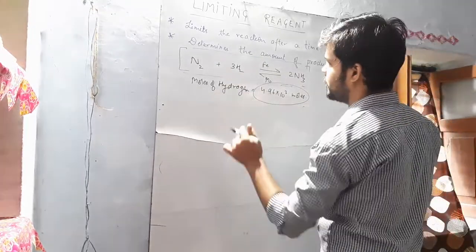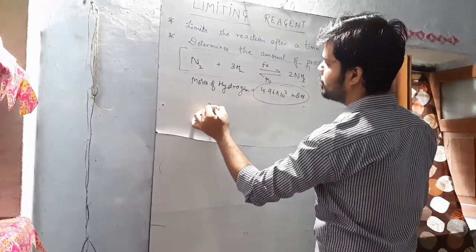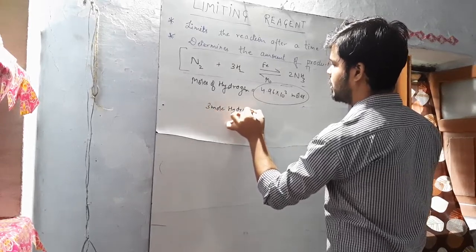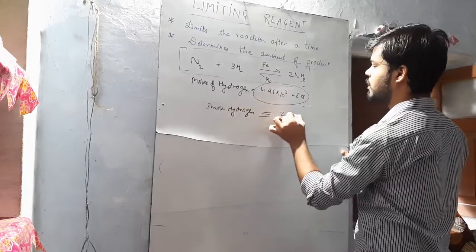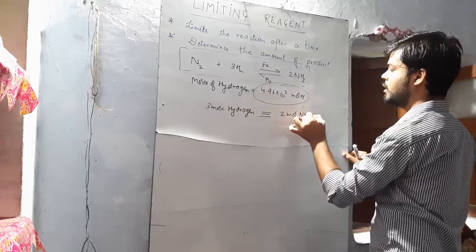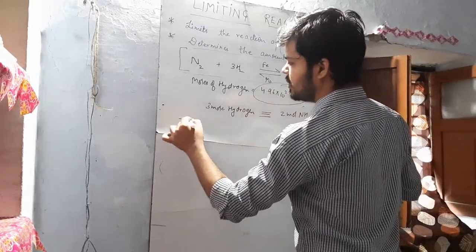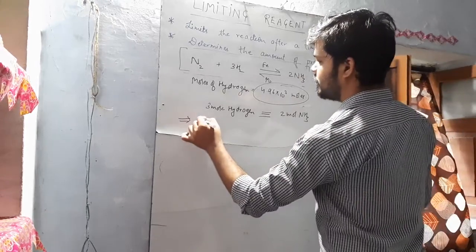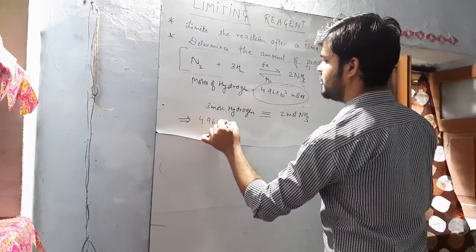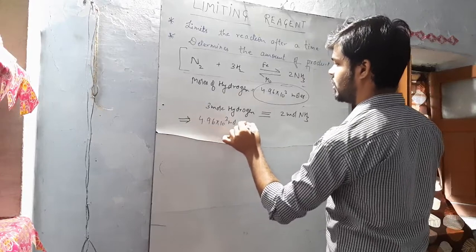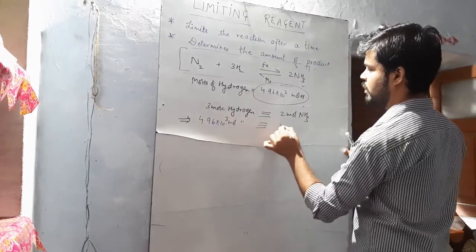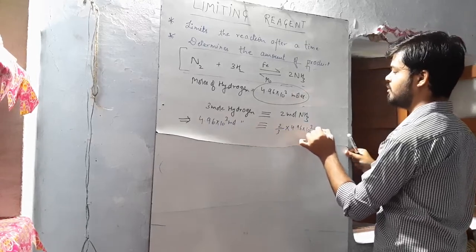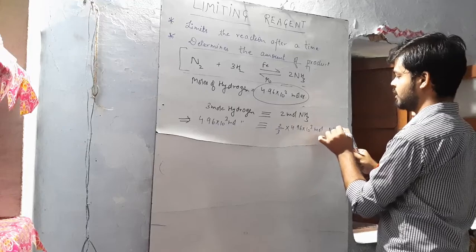Okay. So now coming to the balanced chemical equation, 3 moles hydrogen gives 2 moles ammonia. It implies that 4.96 into 10 power 3 moles hydrogen will give you 2 divided by 3 into 4.96 into 10 power 3 moles ammonia.